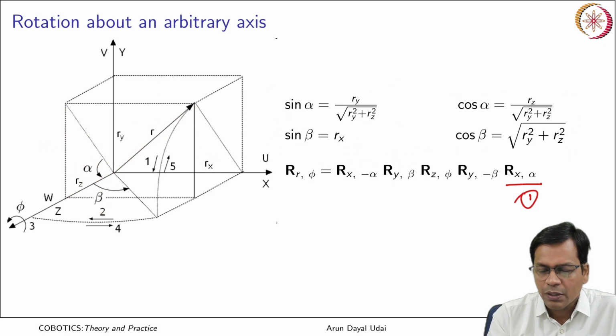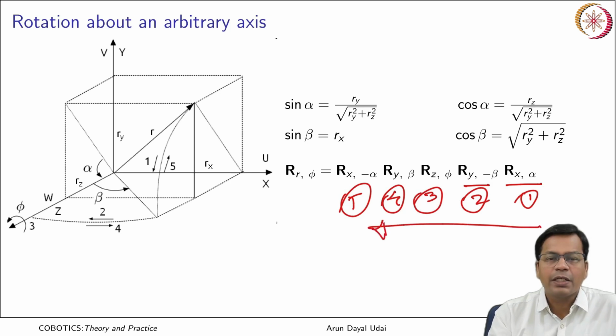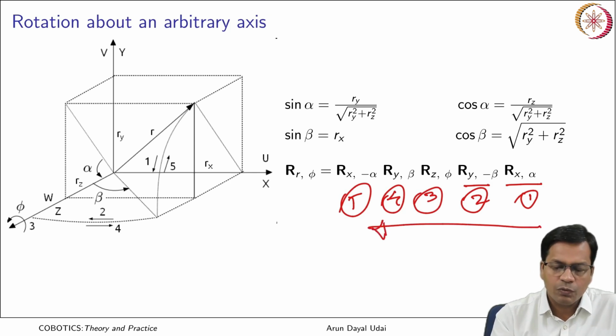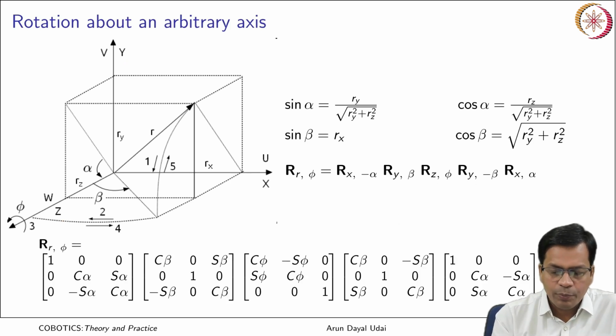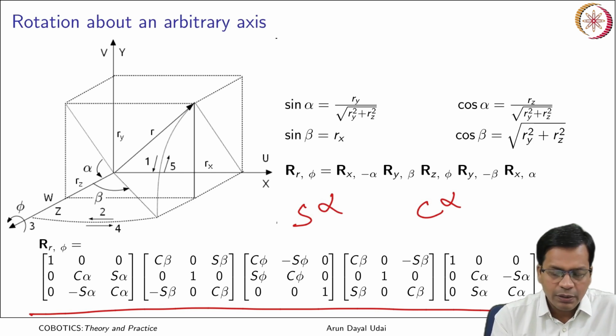This was first, this was second, this was third, this was fourth, this was fifth. So the order would be like this, because all the rotations were with respect to the global frame. Now if I put them all here, cosine alpha I have written in short as cos alpha. Similarly, sine alpha I have written as S alpha.